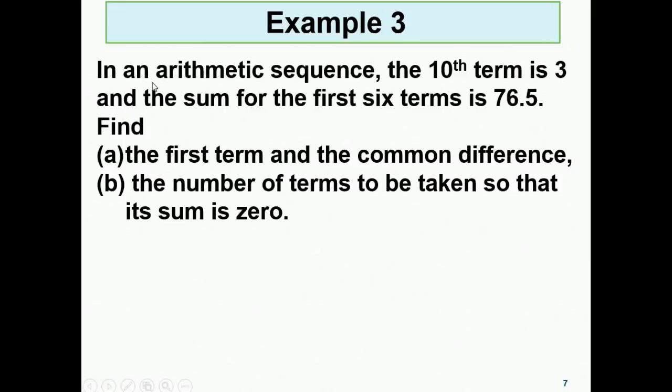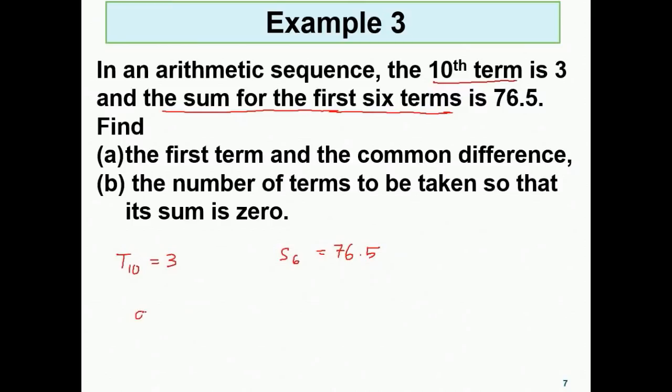In an arithmetic sequence, the 10th term, so this is T10, is equal to 3, and the sum of the first 6 terms, so this is S6, is equal to 76.5.